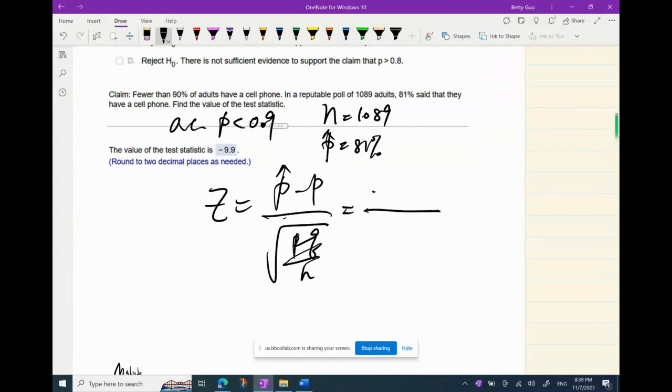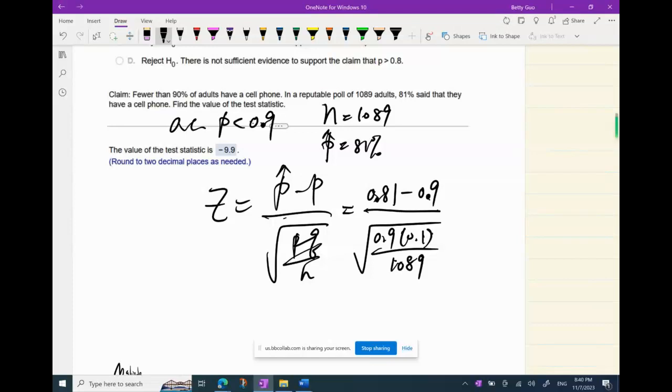P hat is 0.81, P is 0.9, in the denominator P is 0.9, Q is the complement 0.1, over N, 1089. So this is just plugging in.